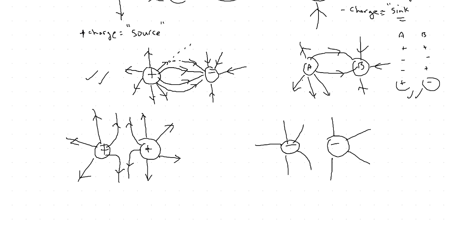You have to show me the arrows. Well, this is negative. It's a sink, so all the arrows are going in. So now the picture is correct. It's exactly the same as the two positive charges repelling, the one on the left, except the arrows are going in instead of out. Okay, so you need to know these pictures. Again, not the hardest thing in the world.